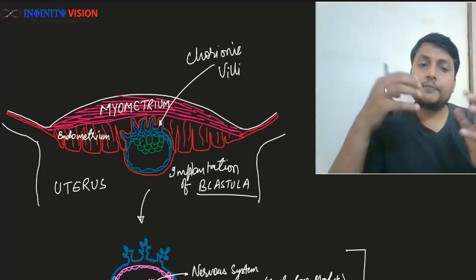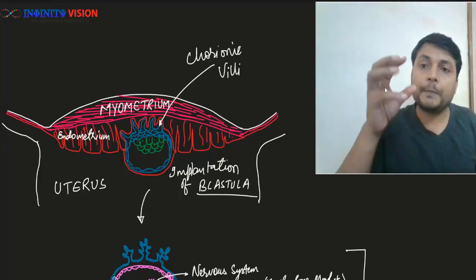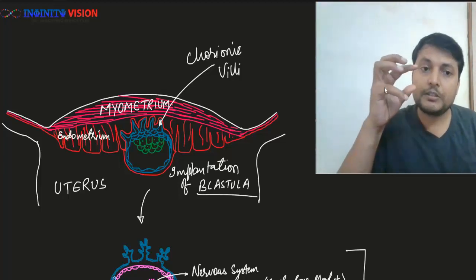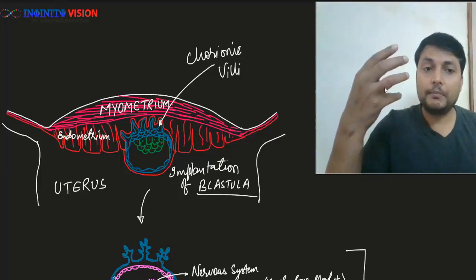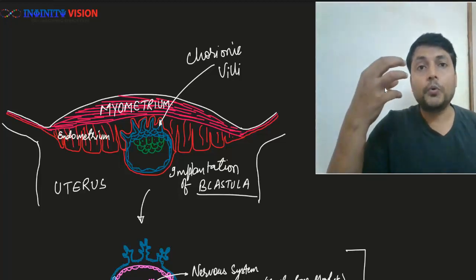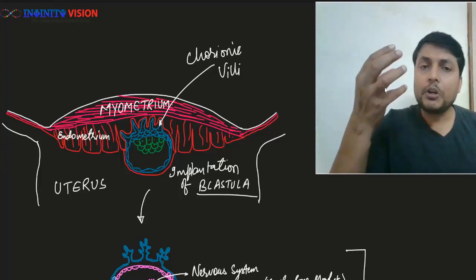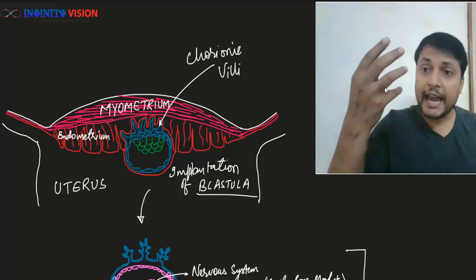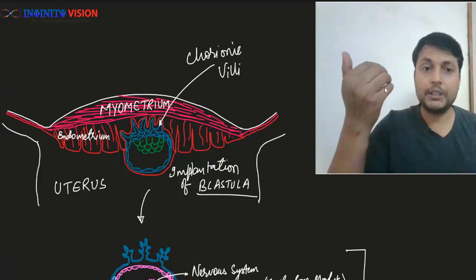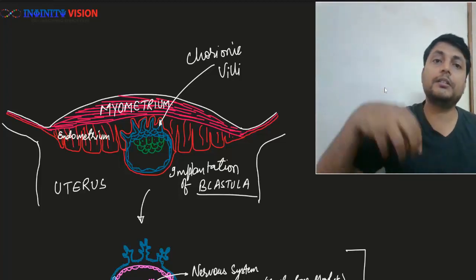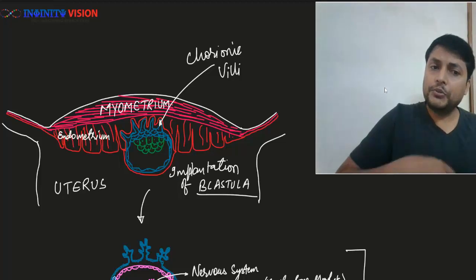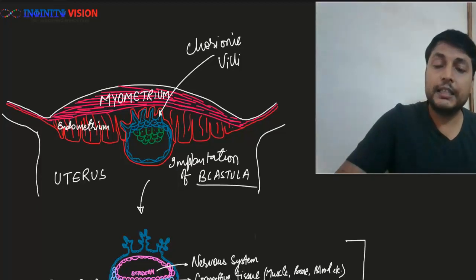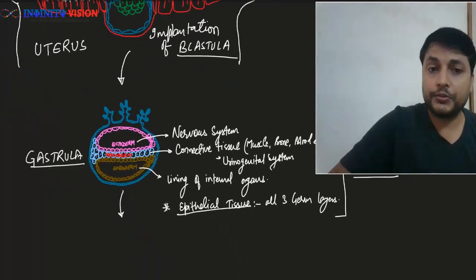After implantation, the cells of the inner cell mass divide rapidly, increase in number, and then undergo differentiation and rearrangement. The rearrangement occurs because of morphogenetic movement, and due to this gastrulation occurs.